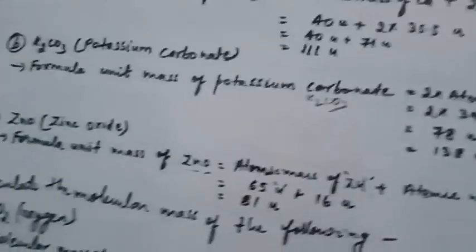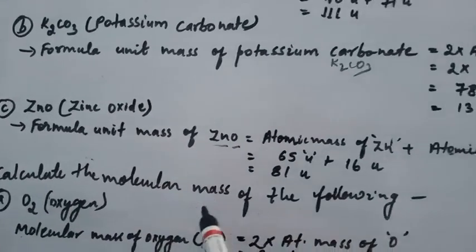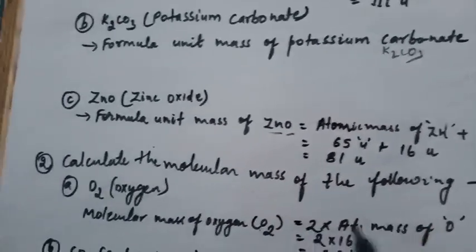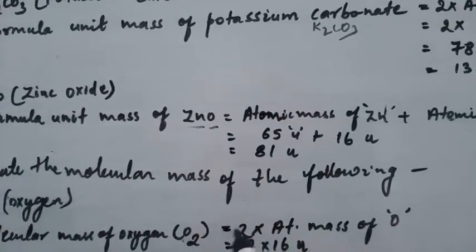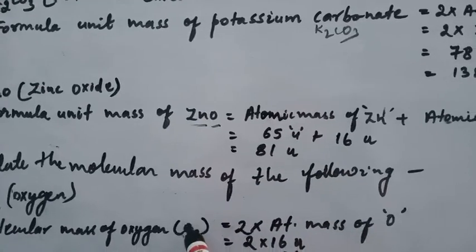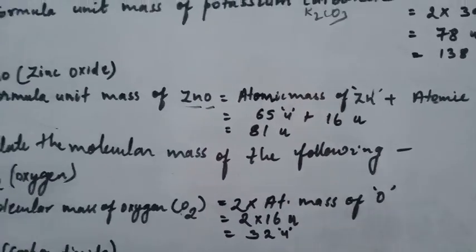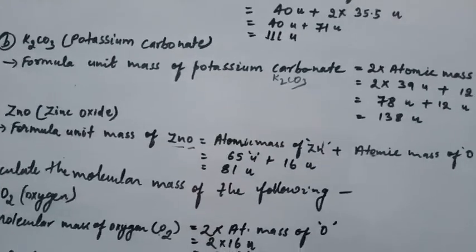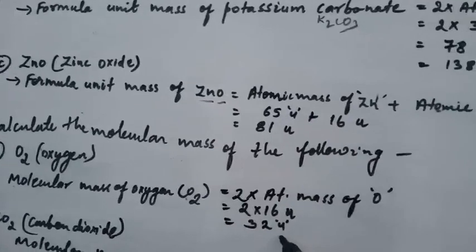Now the second question was to calculate the molecular mass of the following. First is the oxygen molecule. The molecular mass of oxygen is very simple, just 2 into atomic mass of oxygen, which is 16U. So 2 into 16 we get 32U. So the molecular mass of oxygen is 32U.